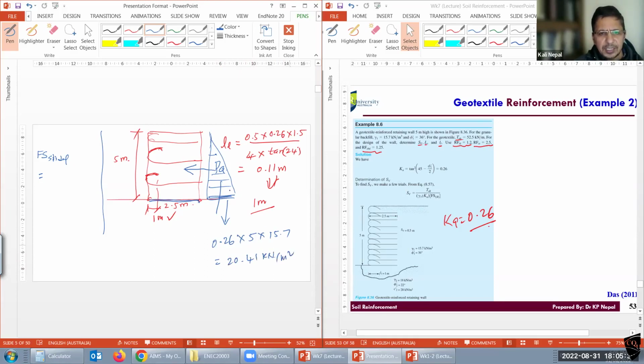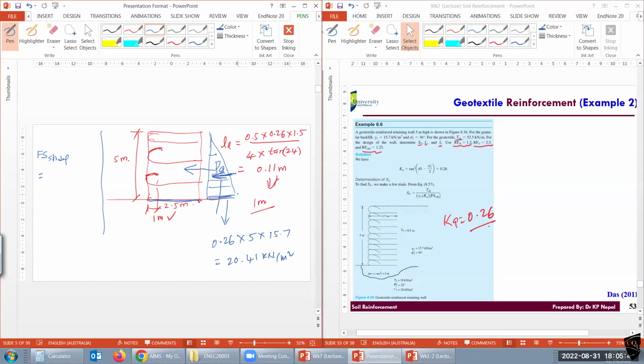That's the pressure. So you need to get the total now. Calculate the area of this triangle to get the total PA. It's 51.025. Say again, please. 51.025. Okay, just write 51 for now.